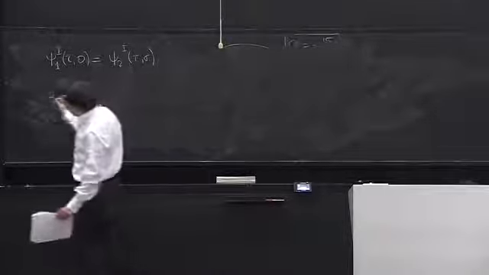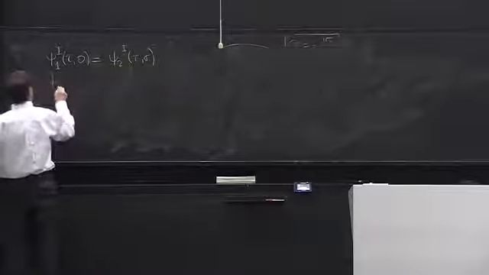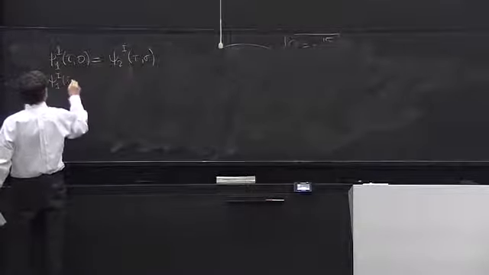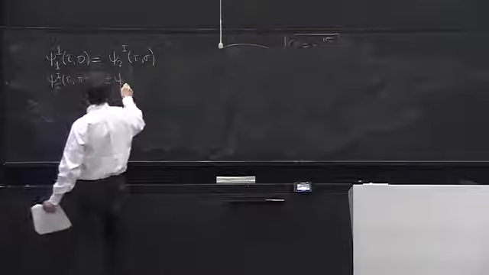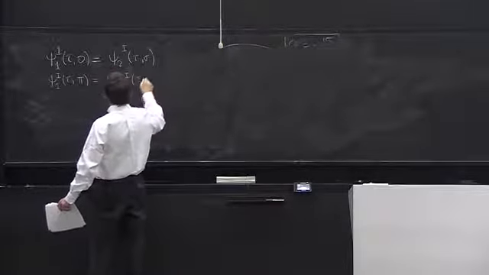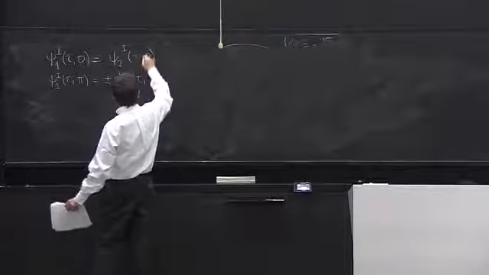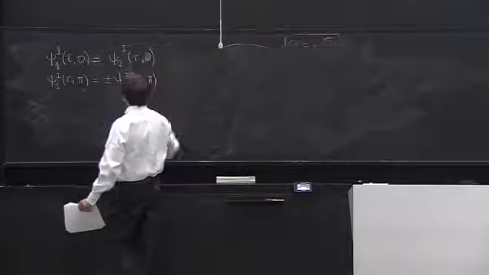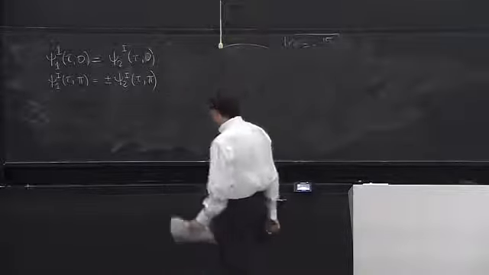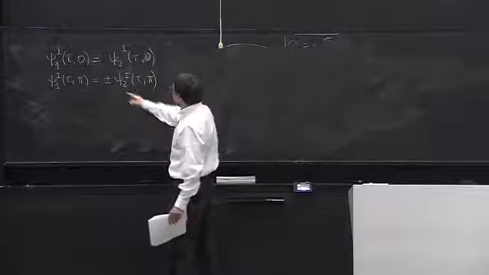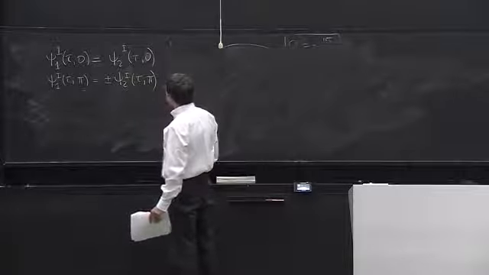Always. And then the second point, psi1 of tau pi, could be plus or minus psi2 of tau pi. So these are our boundary conditions, and there's the plus and the minus.